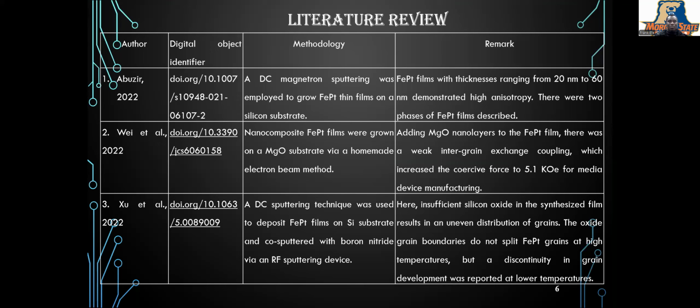The difference between this established research and mine was that I varied the temperature. We studied the effect of temperature on this material, and also tried to investigate what are the causes of the double switching properties of iron platinum on silicon substrate.